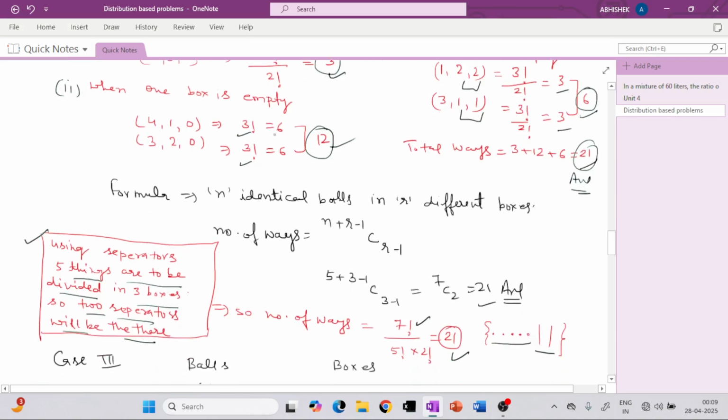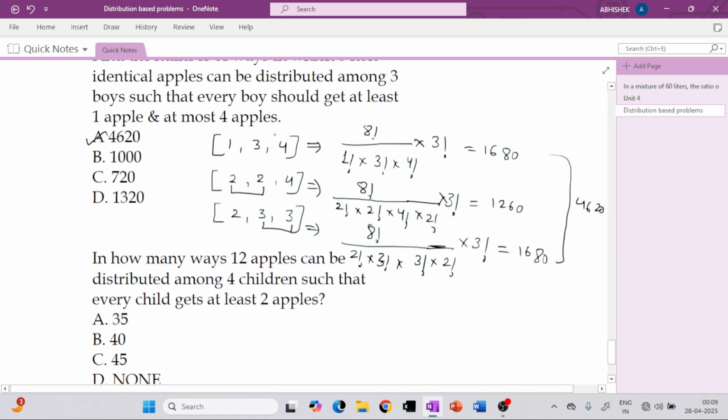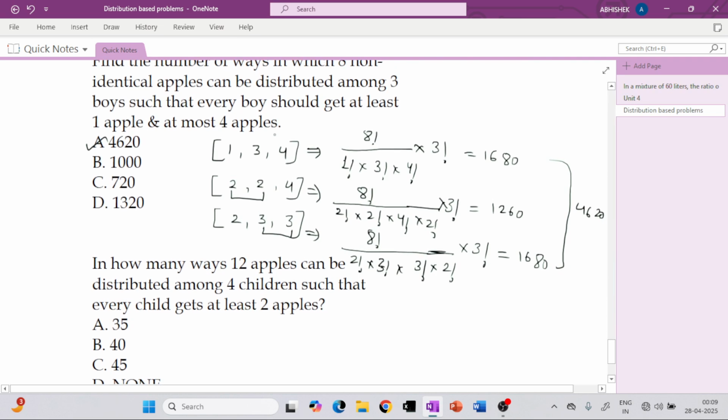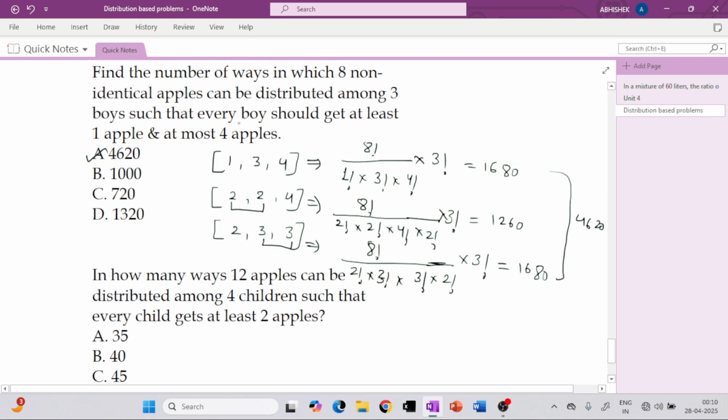Just 1 minute. The number of ways 8 non-identical apples can be distributed to 3 boys such that every boy gets at least 1 apple and at most 4 apples.